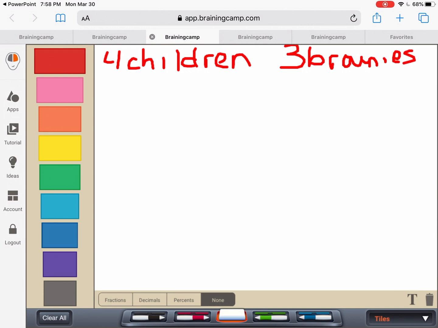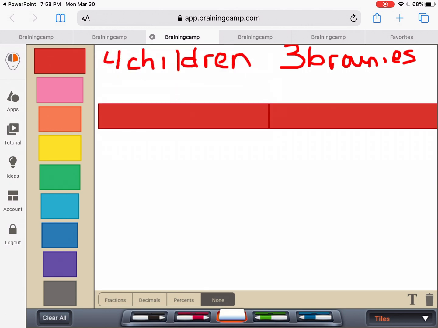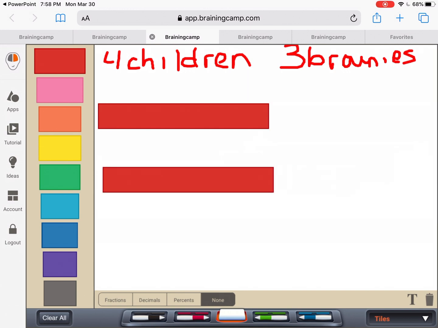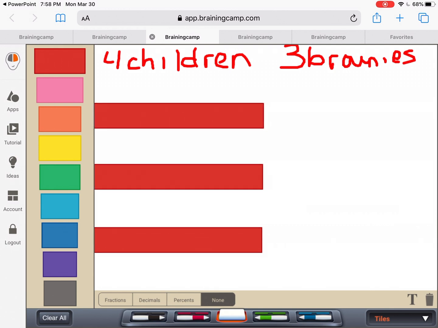So we know they got 3 brownies. So here's the 3 brownies. Now, I want you to think about, what could I do to these brownies if I have to share them between 4 children? Because there's not enough to give everyone 1 brownie, is there? So what could I do? So think about what you could do.